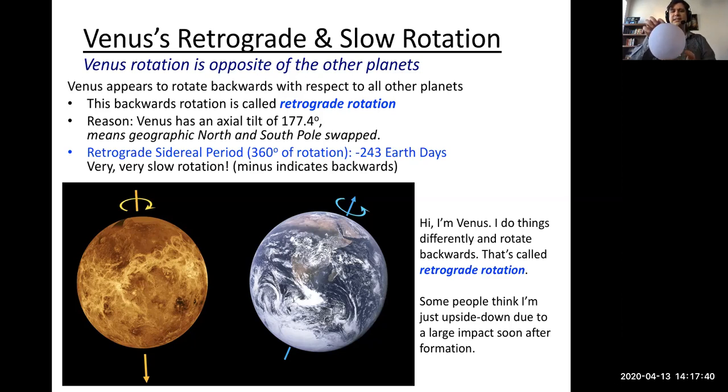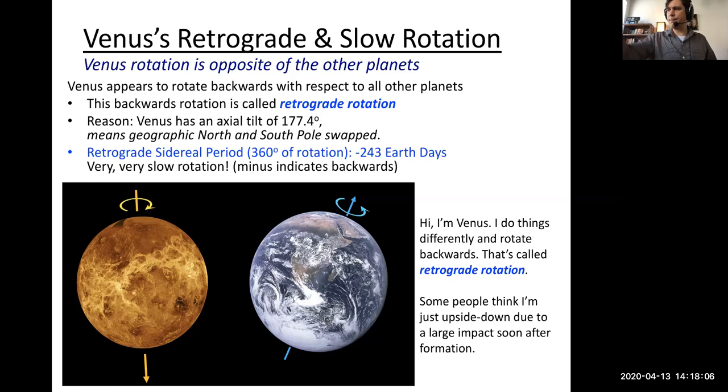So it has an axial tilt of 177.4 degrees, which makes it look like it's rotating backwards with respect to the rest of the planets. To indicate that it has a negative rotational period, we list this rotational period with a minus sign, so negative 243 days, which is a very, very slow rotation.